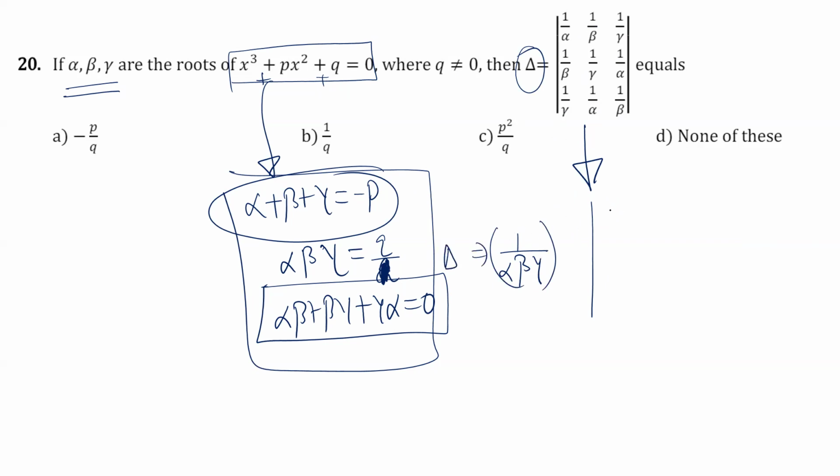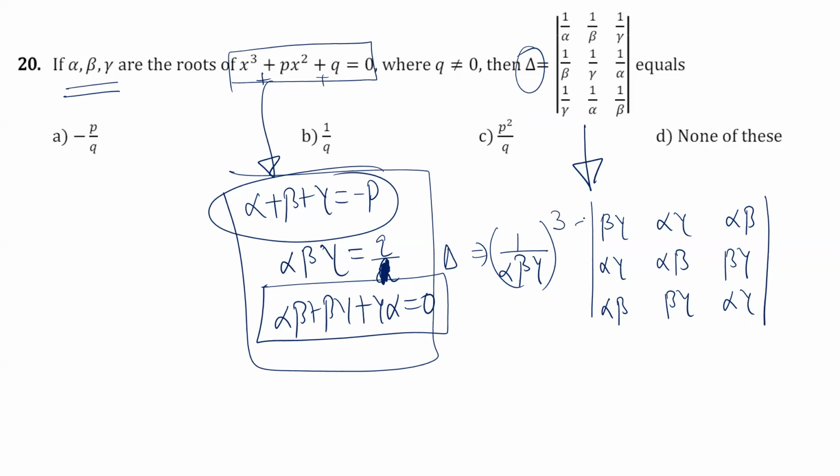So in the first row, it will become beta gamma, here alpha gamma, here alpha and beta. Okay, and here it will become alpha gamma, alpha beta, and beta gamma, here alpha beta, and beta gamma, alpha gamma. Okay, and you will need to multiply this 3 times inside, because in the first row, second row, and third row, 1 by alpha beta gamma, and inside alpha beta gamma.